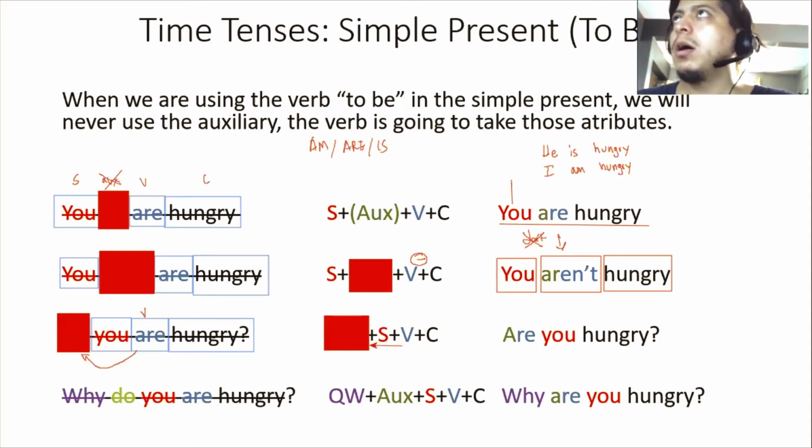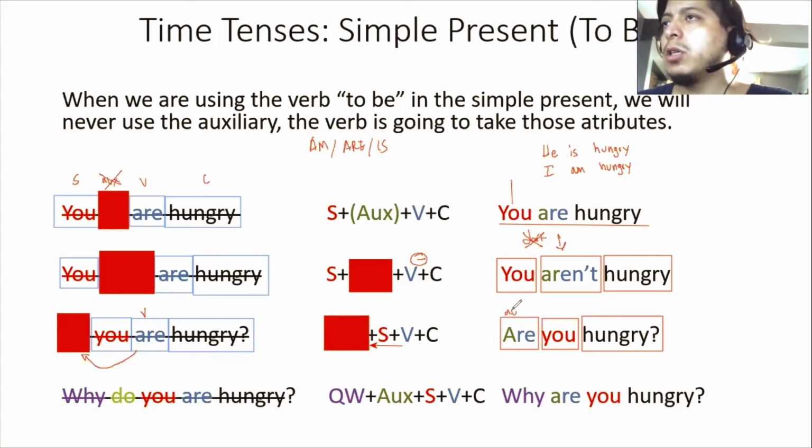So what you do is your auxiliary is going to be the verb to be. So how does it look? The auxiliary is the verb. Then you have the subject, and you don't have a verb because the verb is at the beginning. What you have right here is auxiliary, subject, and you don't have a verb because the verb is acting like the auxiliary, and then your complement.